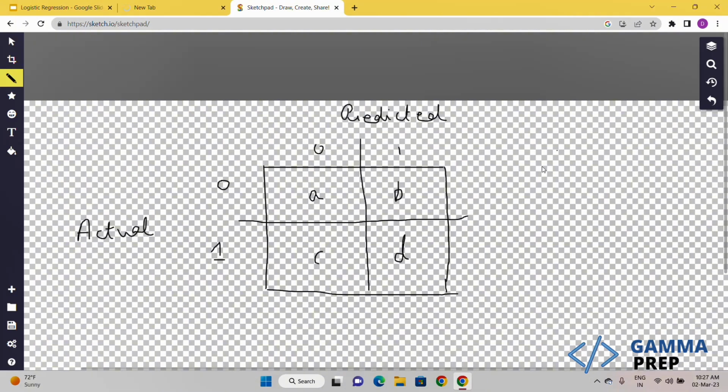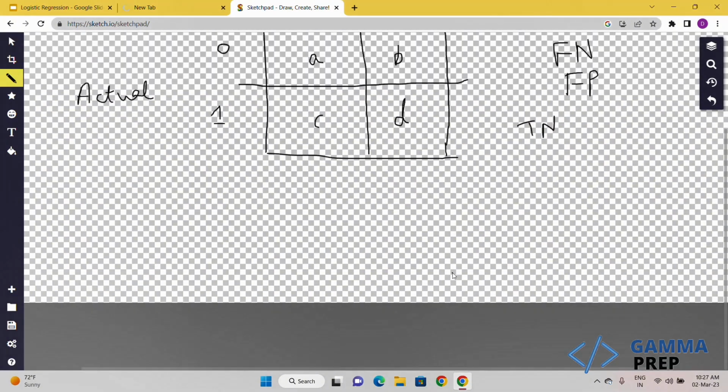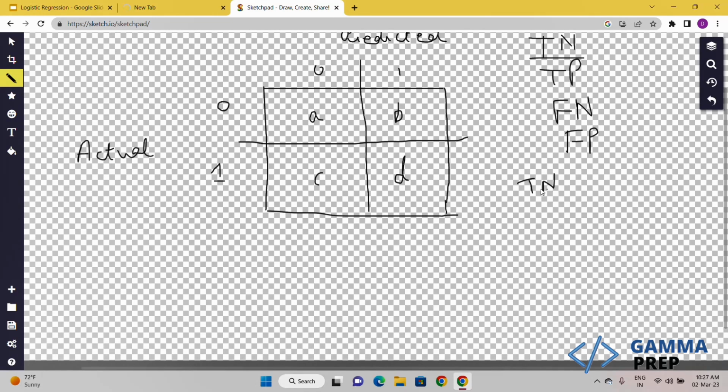Now, basically, there are four terms that we say: true negatives, true positives, false negatives, false positives. Let's understand each one of them. So, the first one is true negative. What does true negative mean? The second term here will say what our prediction is. So, our prediction is negative, that is, prediction is 0.